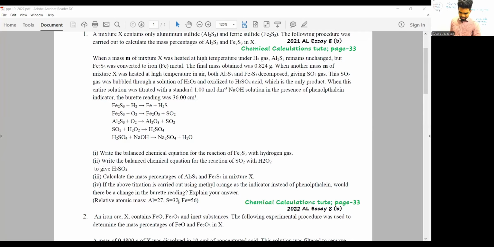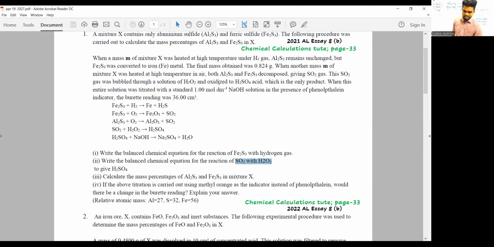Right, so anyway, Al2S3 and Fe2S3 are converting to SO2 gas. What will happen to their metal? The metal should also go to the oxide, but here they are not expecting you to write that. In the question they are asking you to write the reaction between Fe2S3 and hydrogen gas, and the other reaction they expect is between SO2 and hydrogen peroxide.